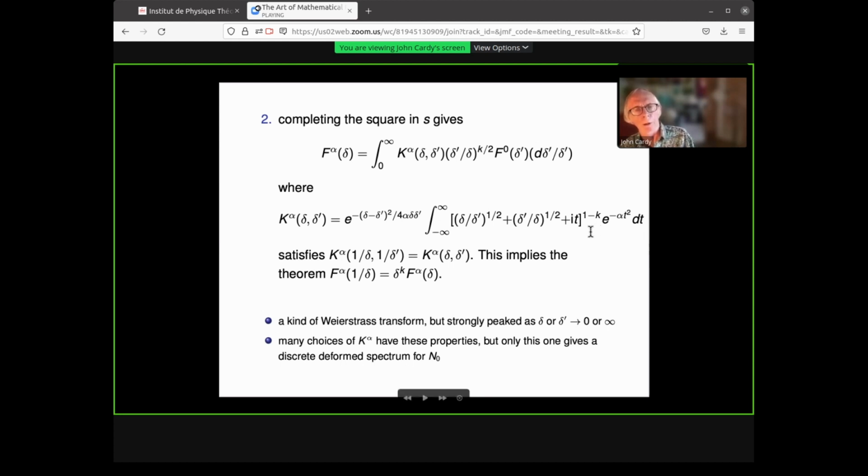But the main thing is it has a symmetry, delta goes to 1 over delta, and this symmetry implies our theorem.